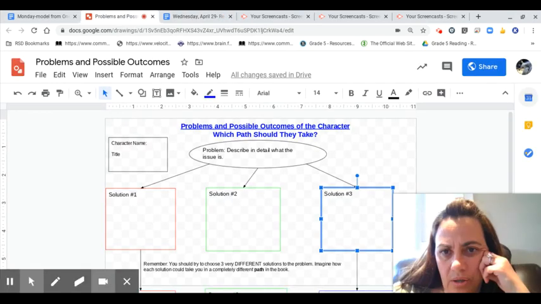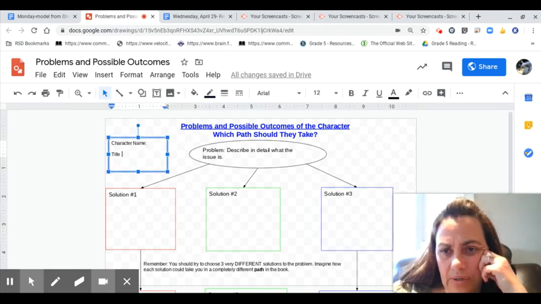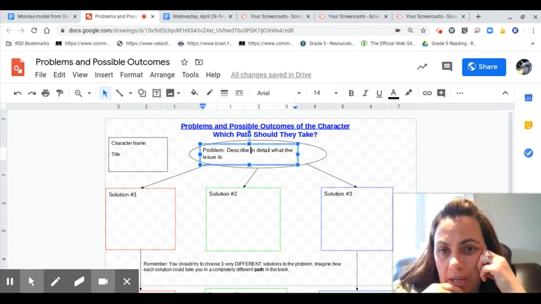Now, here is going to be your chance where you're going to have to fill this out today. And if I was to fill this out here, I would obviously put the character name, which is Carly, and then the title, and that would be just the name of the chapter. Then here, the problem, describe in detail what the issue is.